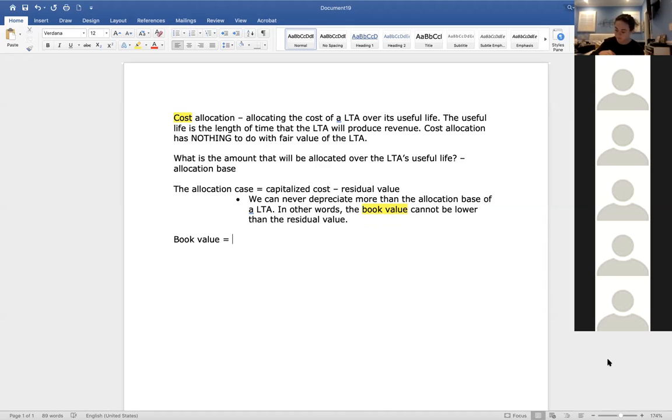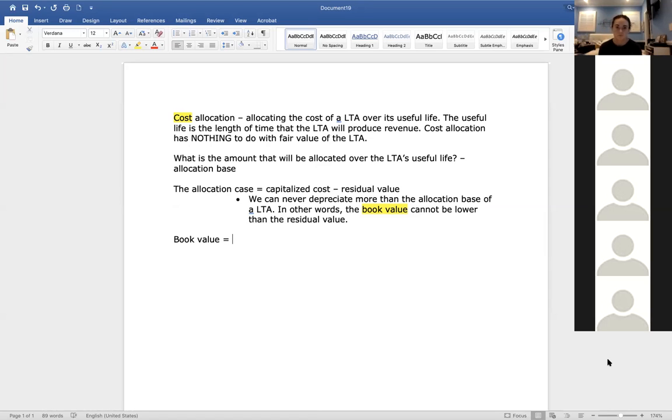Right. So be careful with the word worth. When we think of worth, we think of fair value. Remember, depreciation, so accumulated depreciation, has nothing to do with the fair value of an asset. It simply is a cost allocation.